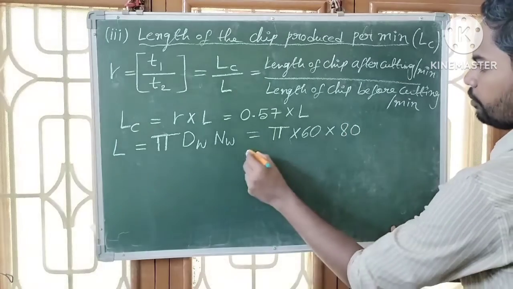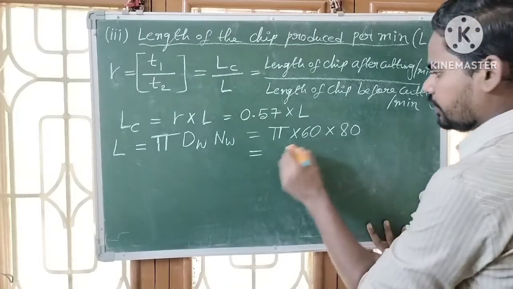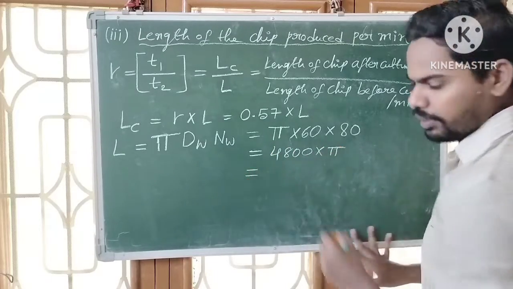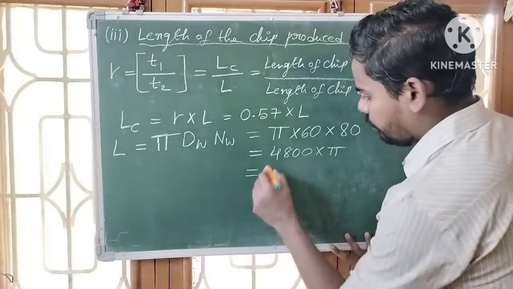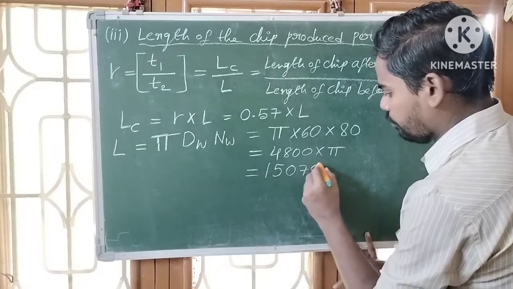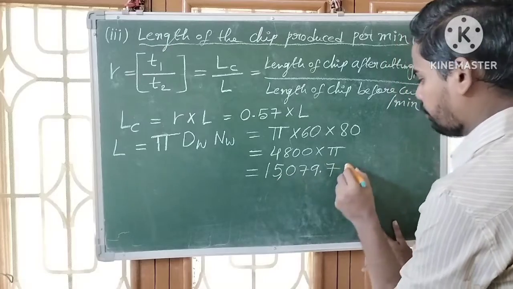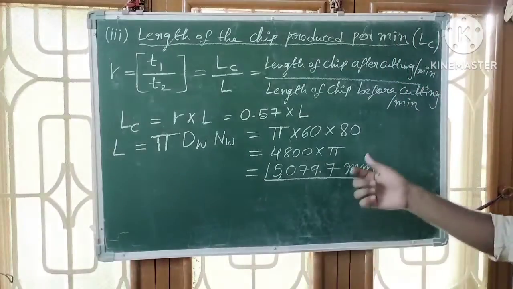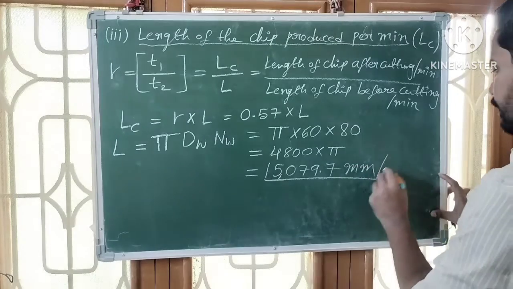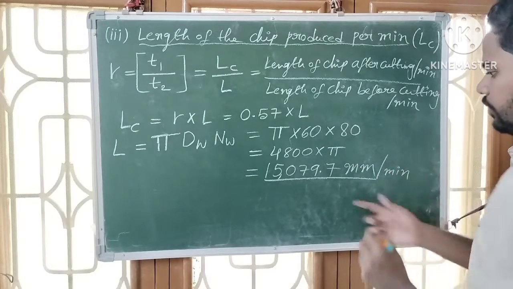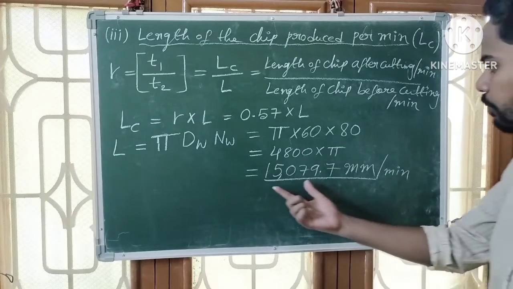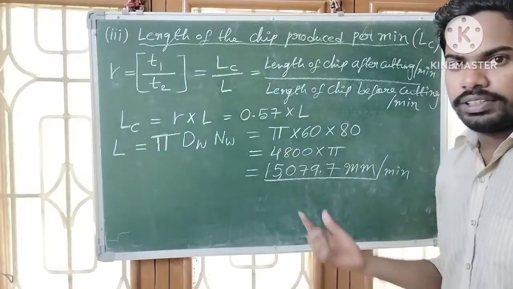Pi into 60 into 80, that is 4800 pi, which is around 15079.7 mm. This is the length of the chip before cutting per minute.